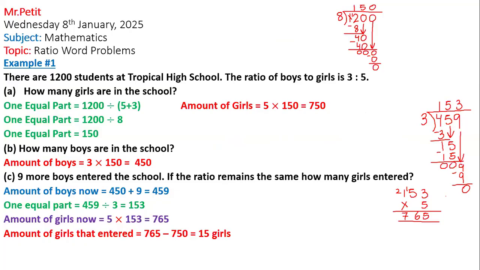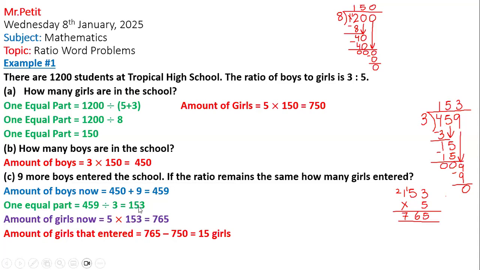So what did we do? The first thing we did was add 9 more boys that entered the school. So it's 450 plus 9, which gives us 459. Once we figure out how many boys we have now, we divide that 459 by 3 because we're trying to find 1 equal part. 459 divided by 3 gives us 153.